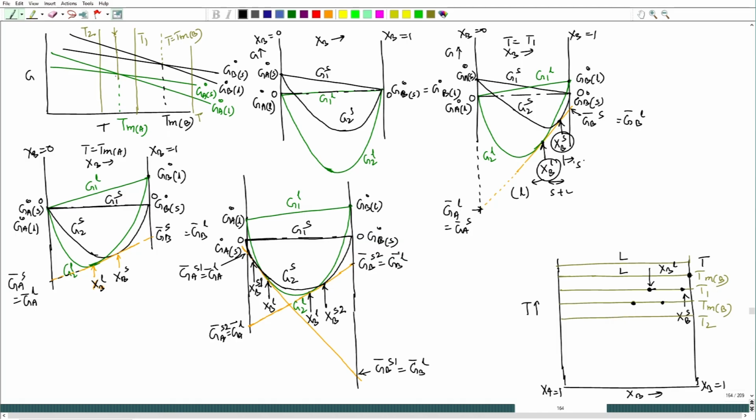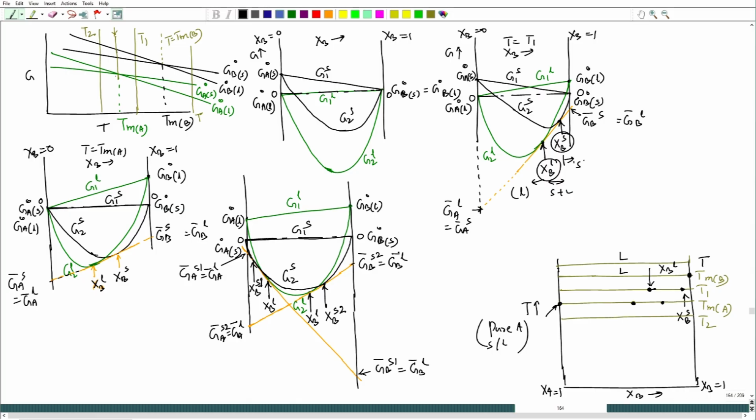Now, at T equal to T2, please understand that at TmA we have TmA liquid, G naught A liquid and G naught A solid, both having the same crystal structure, same free energy. So there will be existence of pure A solid and liquid. At this particular point, pure A, both solid and liquid will have the same free energy.